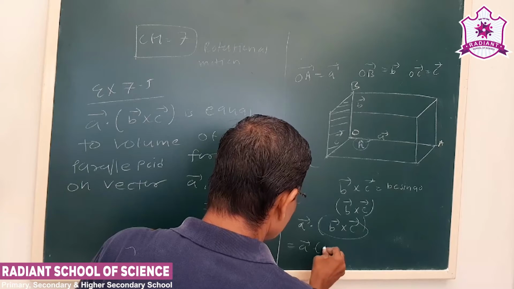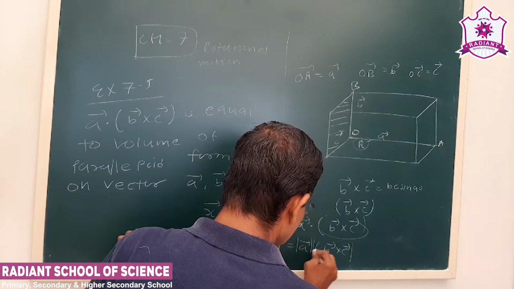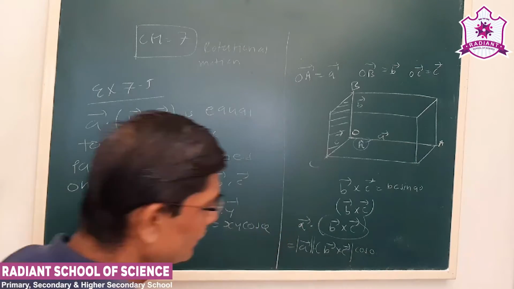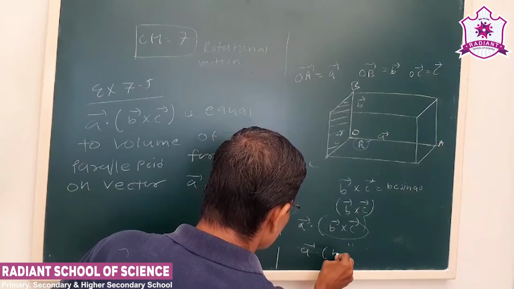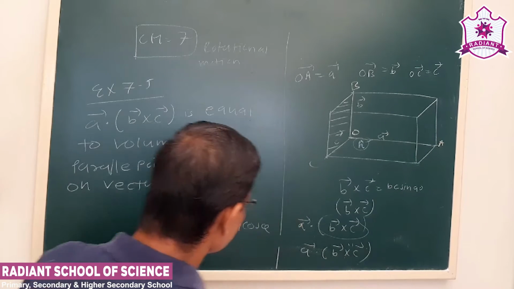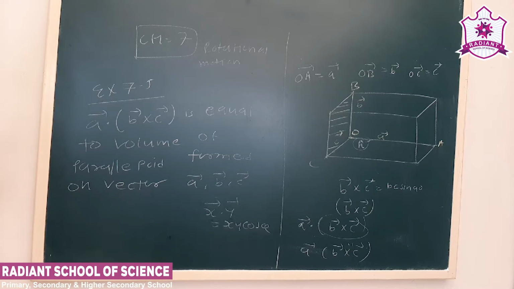So A dot B cross C, cos 0 is 1. So this is how our A dot B cross C will give the volume of the parallelepiped formed by the vectors A, B and C.